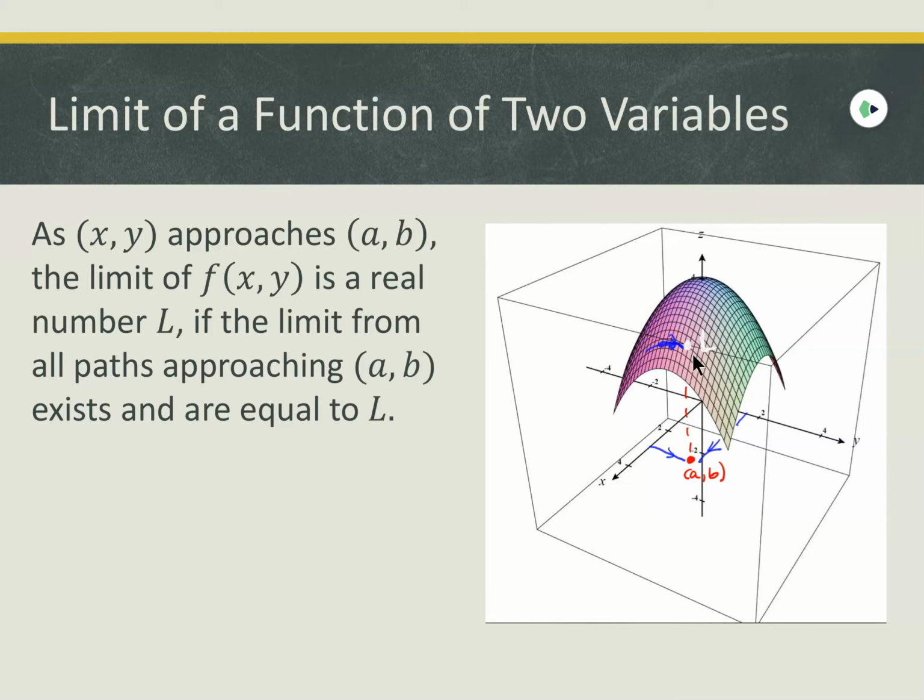And so these points on this path would produce output values that would appear on this surface looking something like this. And so these output values are getting closer and closer to L.